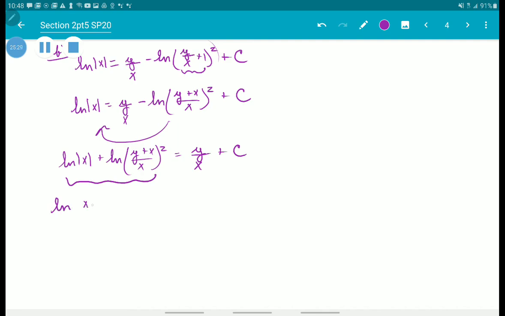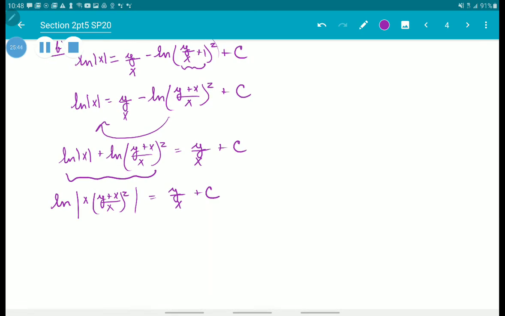So it's going to be x times y plus x over x quantity squared. Just simplifying that, this is y plus x squared over x squared, and you can see how these x's are going to simplify.